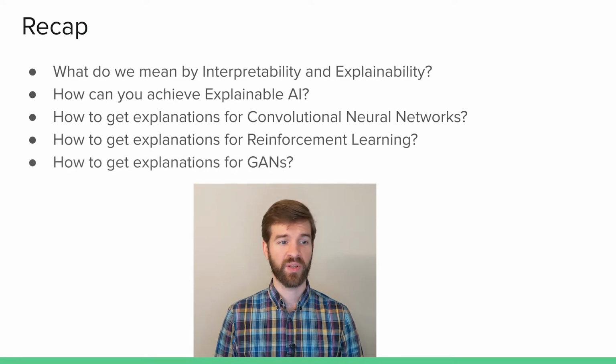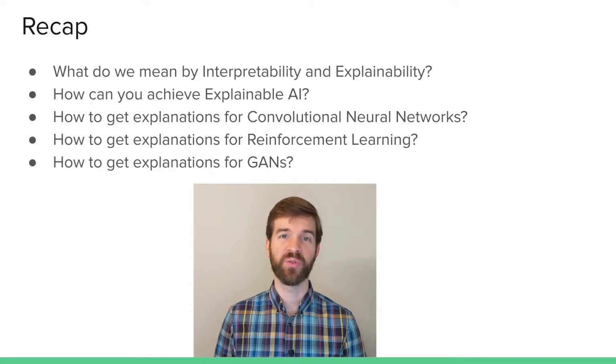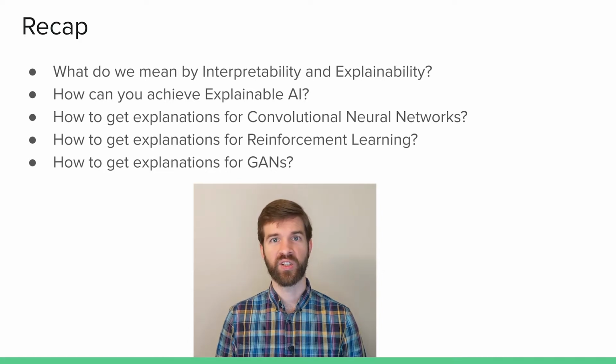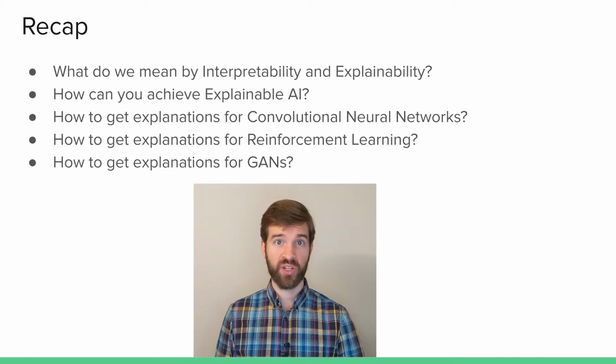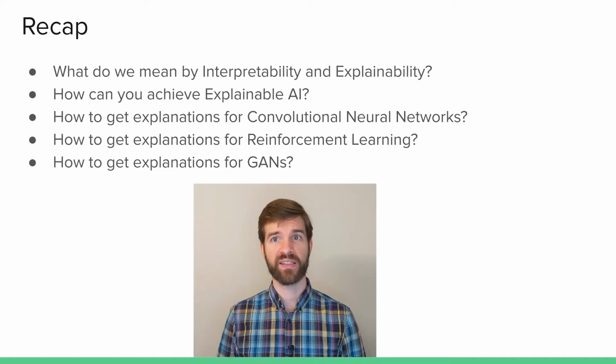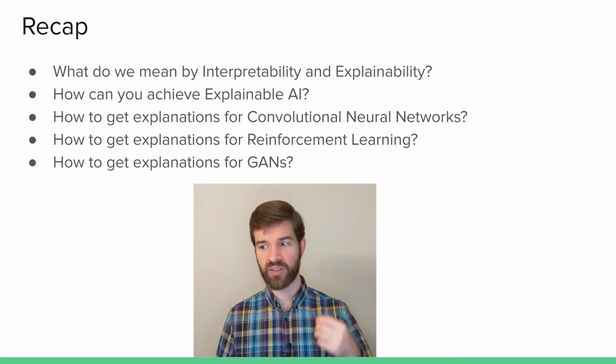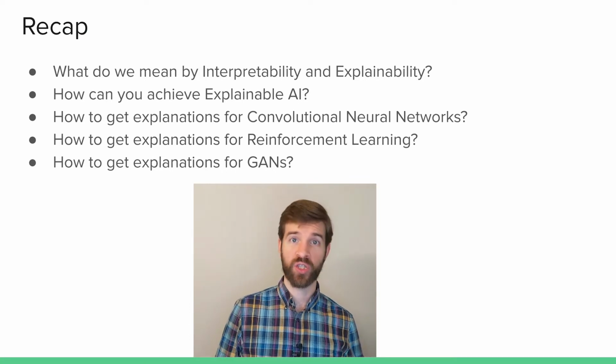And last but not least, how do we get explanations for generative adversarial networks? Here we saw one really interesting and cool idea: we can combine the generation of images with instance segmentation, and we can then identify neurons that correlate to specific concepts.